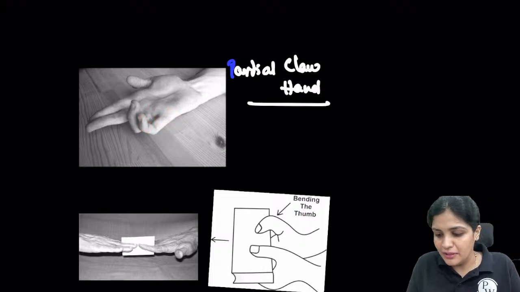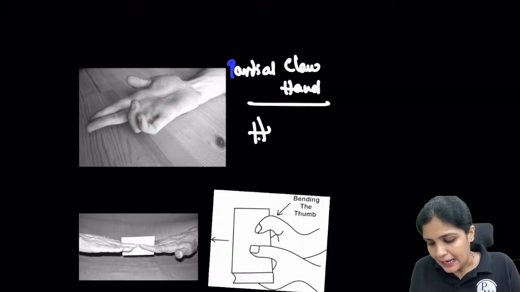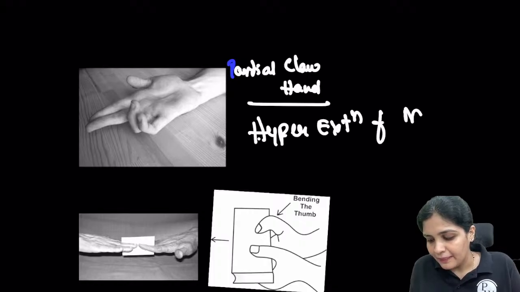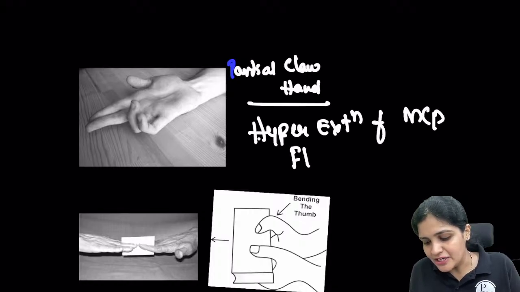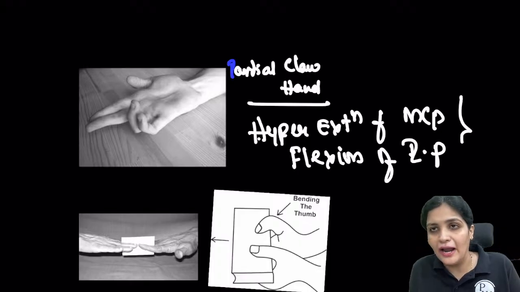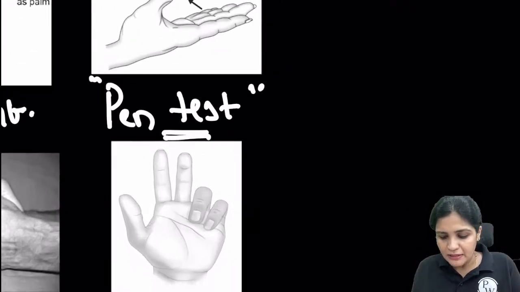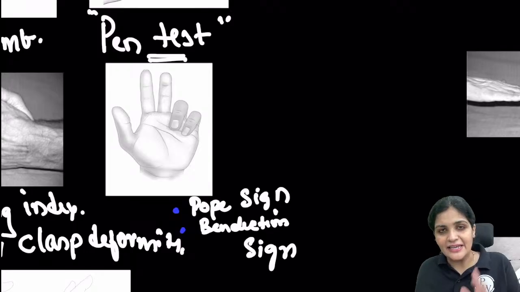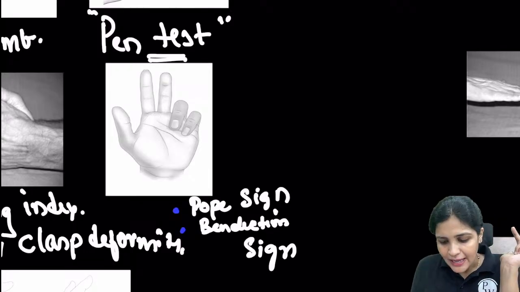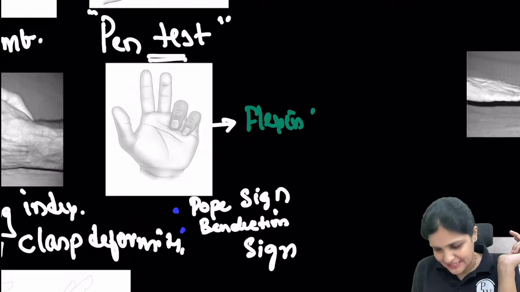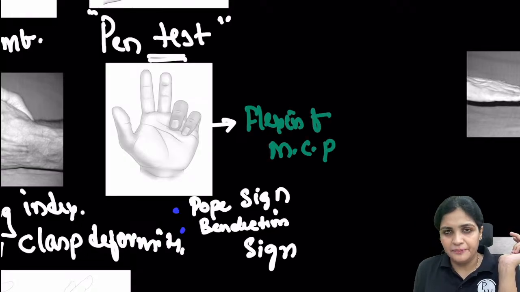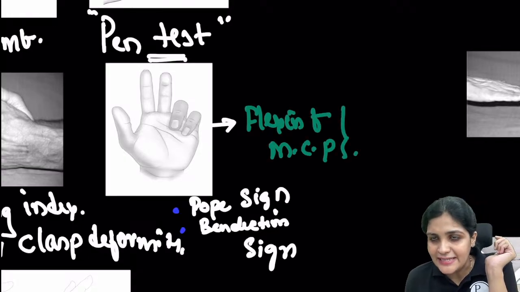This is what you have to remember. Hyperextension of MCP and flexion of IP. This is your claw hand. But what you see in the Pope sign, the benediction sign, is complete flexion of the MCP, right? Yes, that is how you have to differentiate. Don't get confused in the exam. Okay?